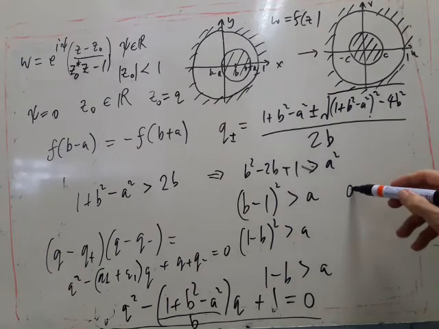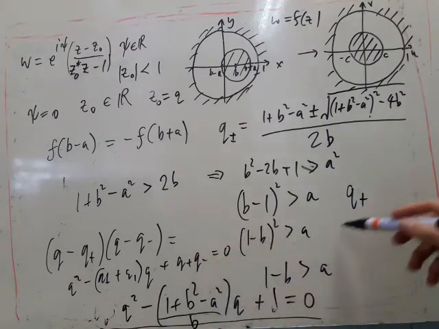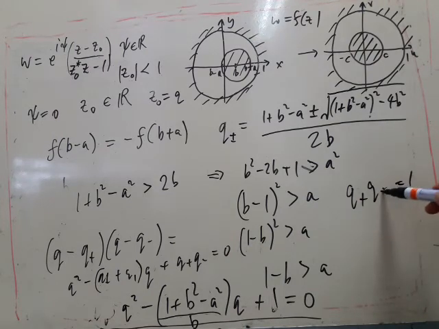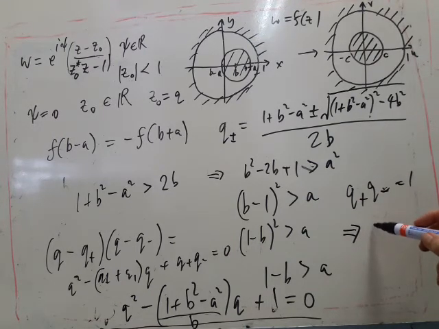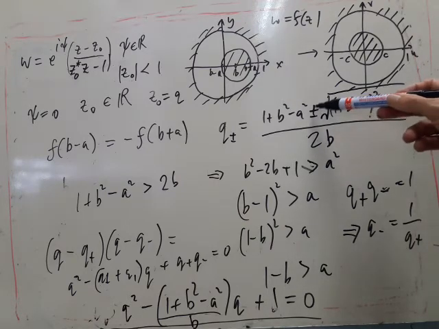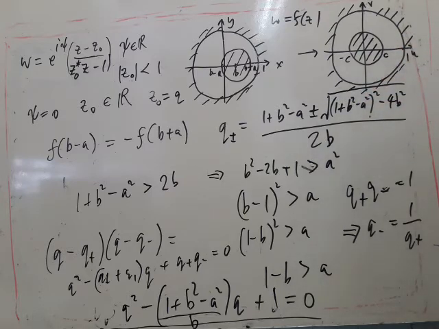So q minus is equal to 1 over q plus. Obviously the plus sign is going to be the bigger one. So that tells me that q minus is going to be less than 1. So I've now shown definitively that q minus is the one I want.